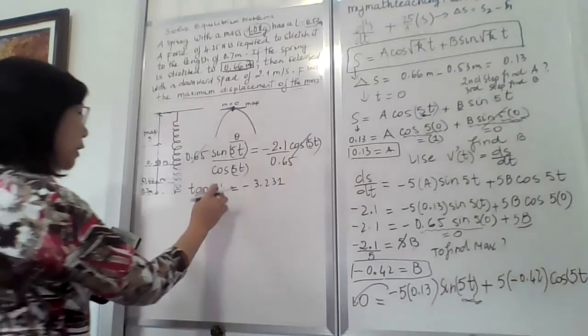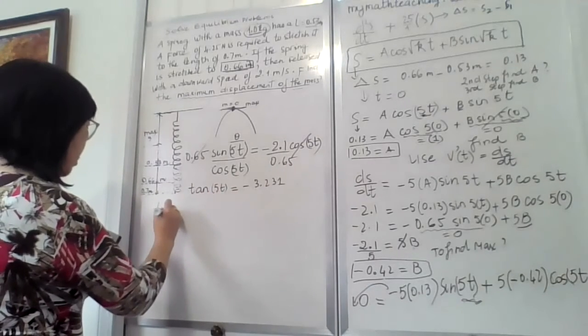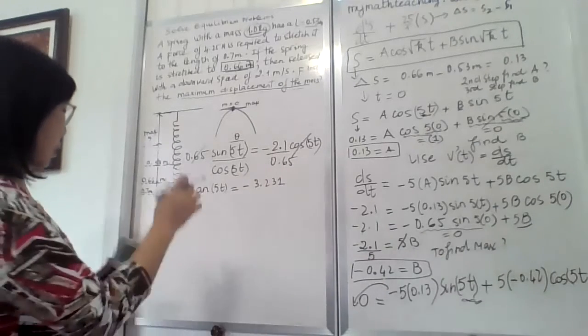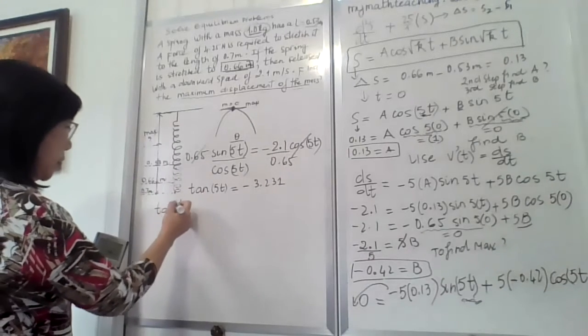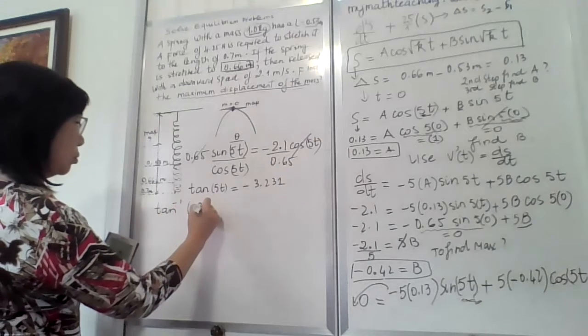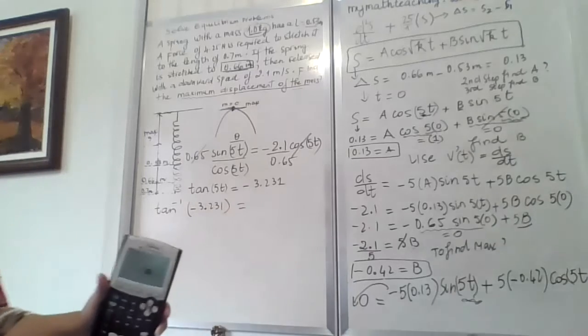Now I have to find the angle theta of phi t, which I will put in the calculator at the second level, inverse tan, like tan minus 1 of this ratio, to figure out our angle in radians.